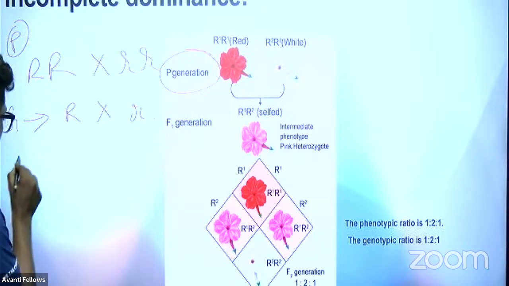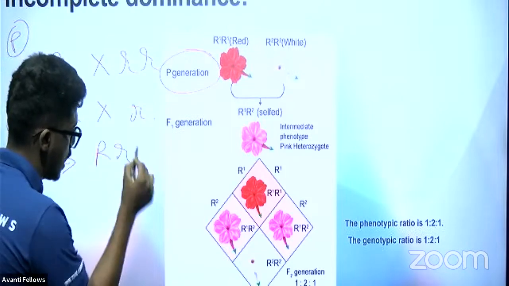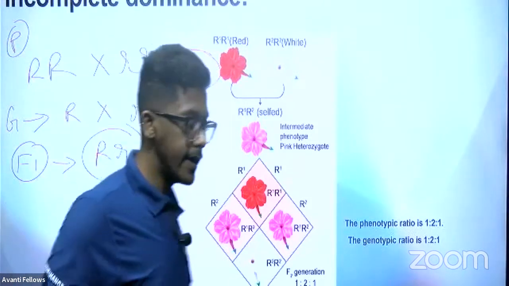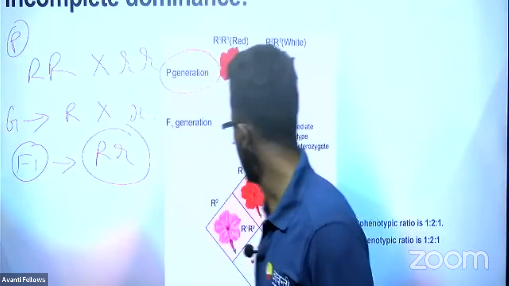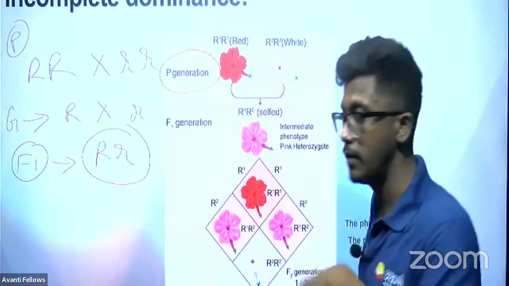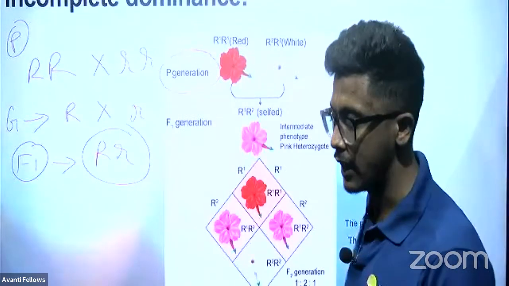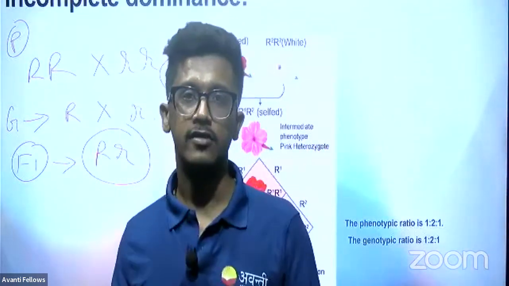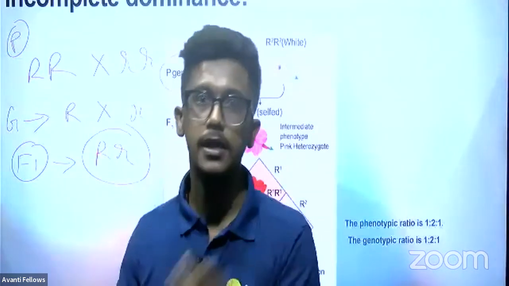Now, the F1 generation: I would get capital R, small r. Here, I did not get red flowers, nor white flowers. In the F1 generation, all of them were pink flowers. There was no red, there was no white, but it was a mix of red and white. How beautiful is it? It could have been any color, but you got pink. Just like when you mix the red color and the white color in your paint box, you get pink.